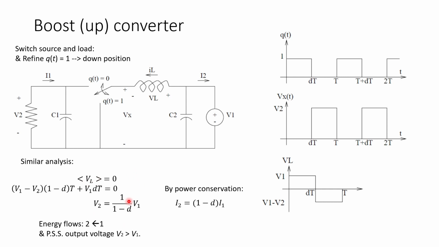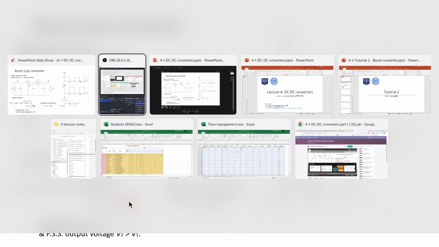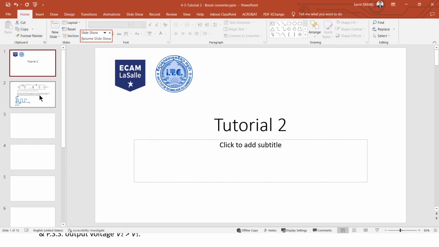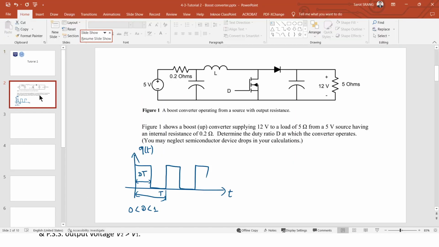Okay. So now let's try another example, which is a little bit more complicated, but anyhow you can still use the same approach for the first part, and you need to consider another method to completely solve this problem.